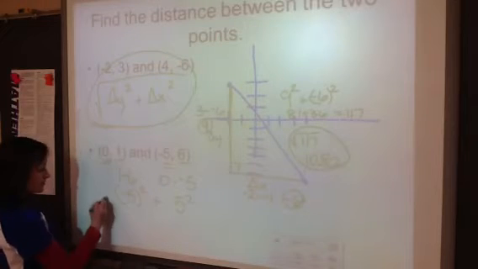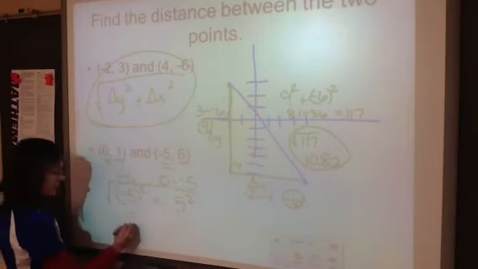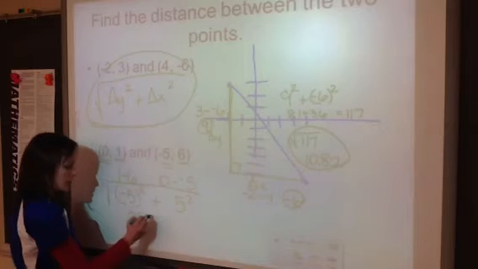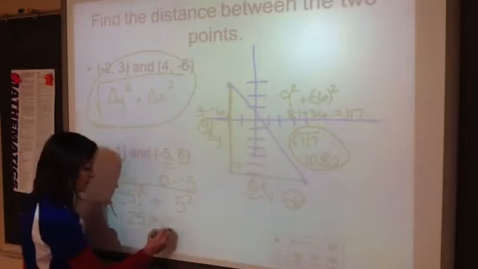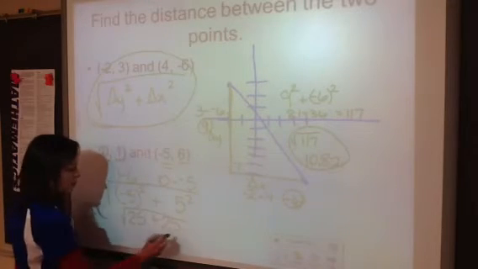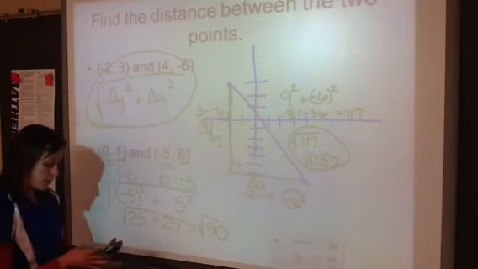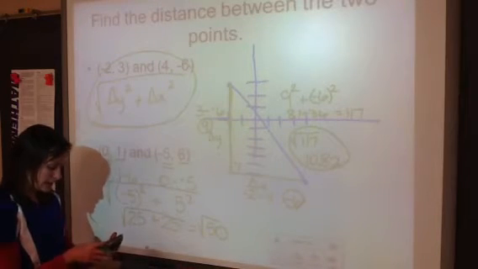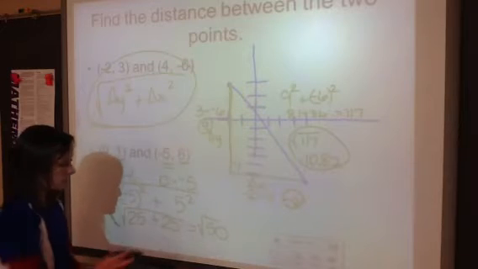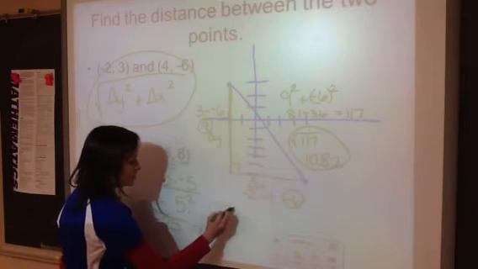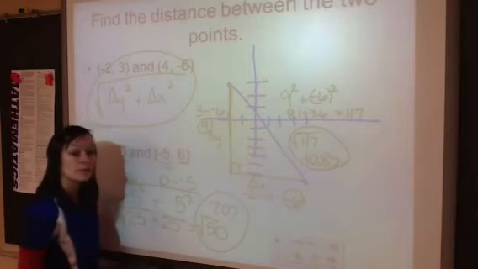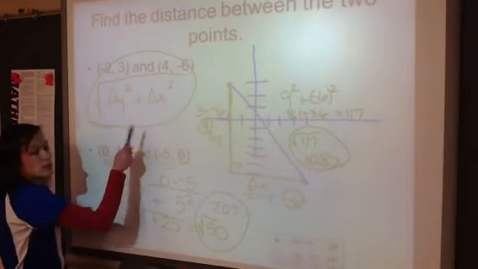So -5 squared is 25, positive. 5 squared is 25. Add those together, you get the square root of 50. If you want an exact answer, that is your exact answer, or your decimal is 7.07. Please memorize the distance formula.